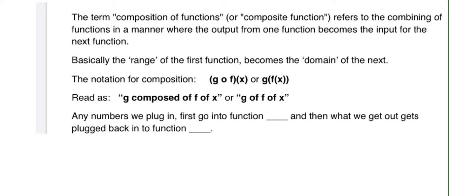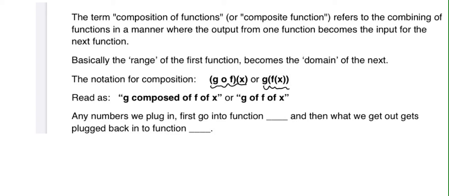You'll see it in different notations, where it says g, then a little circle, and then f, or you'll see g of f of x. We would read this as g composed of f of x, or you'll hear me say g of f of x.